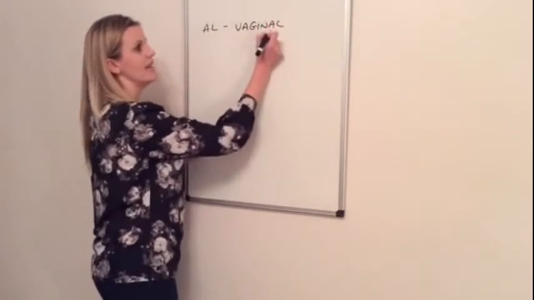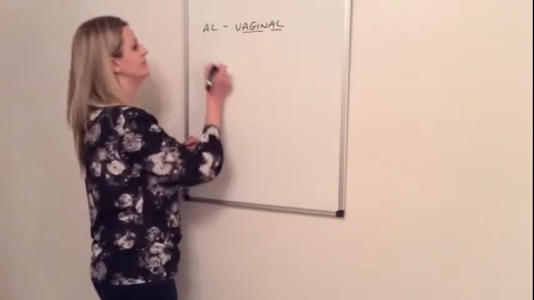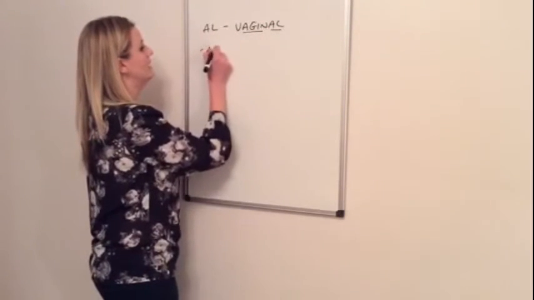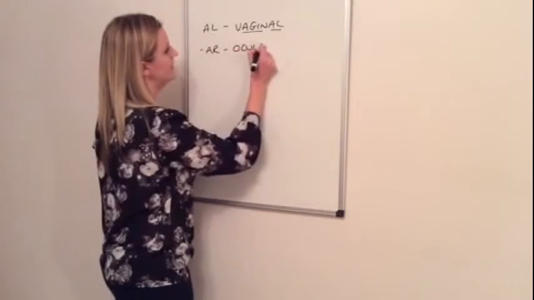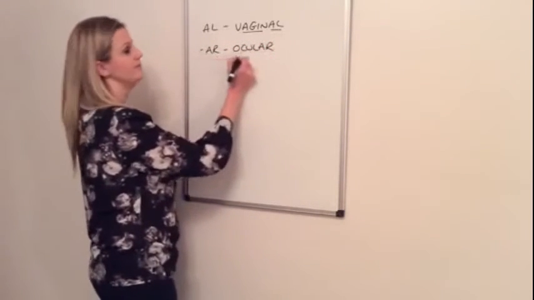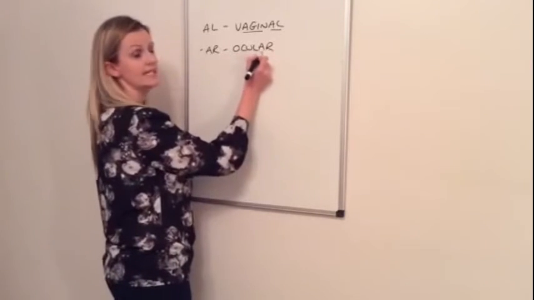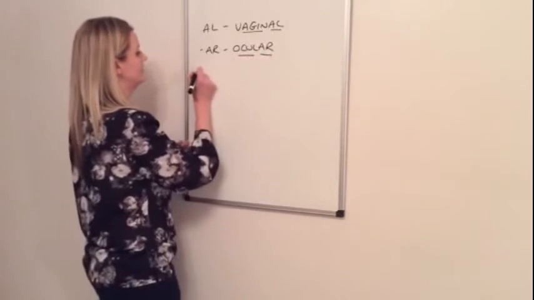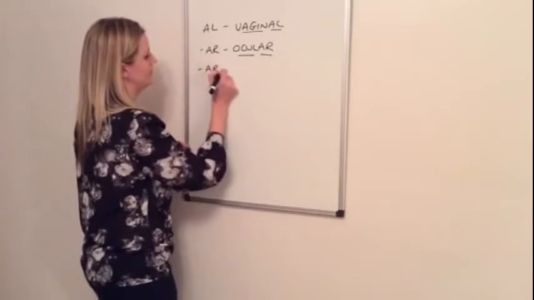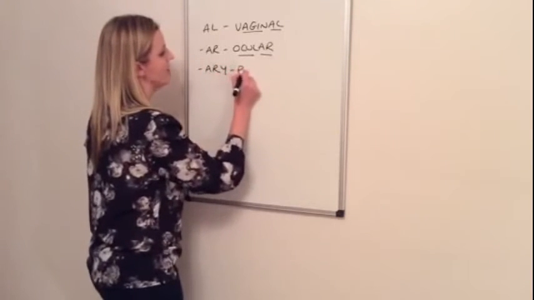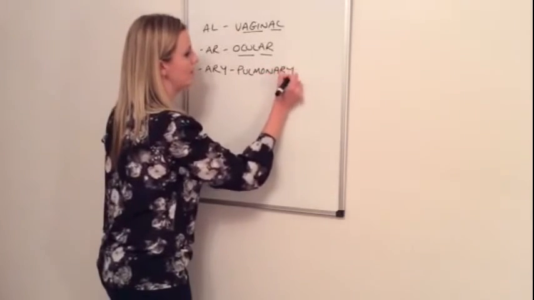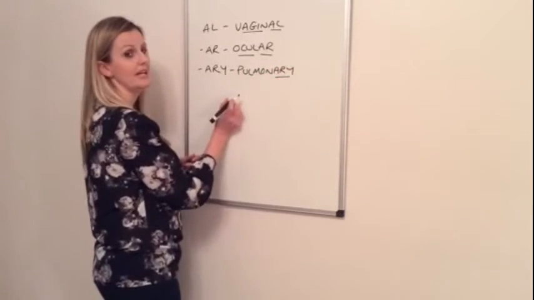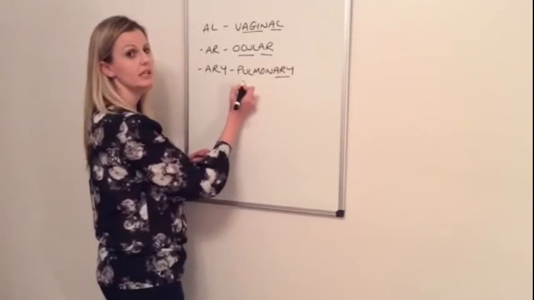vaginal, relating to the vagina. Ar, ocular, relating to the eye. Ary, so an example here would be pulmonary, pulmonary meaning lung, relating to the lung.